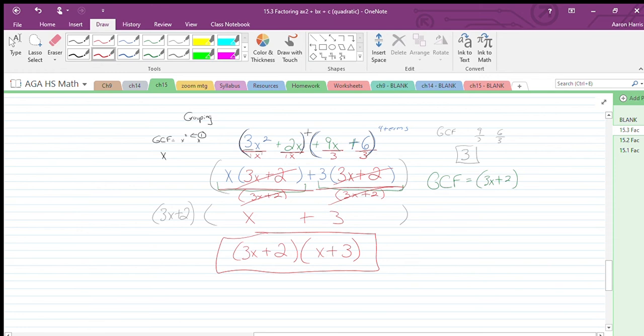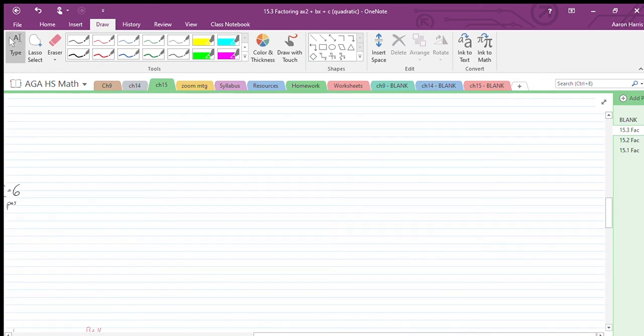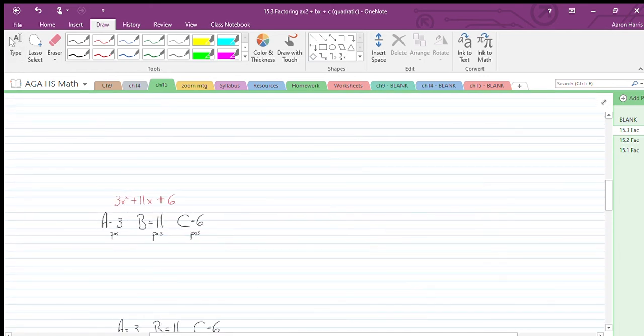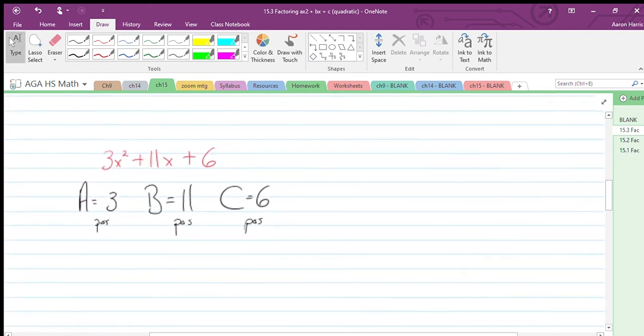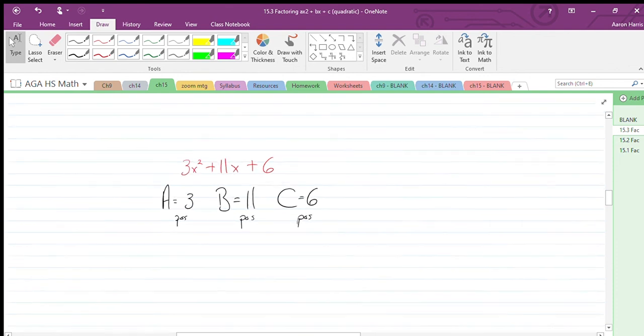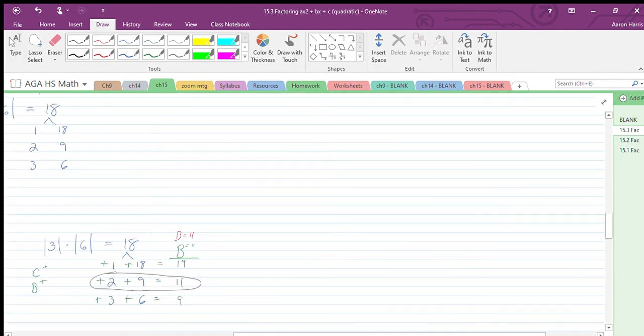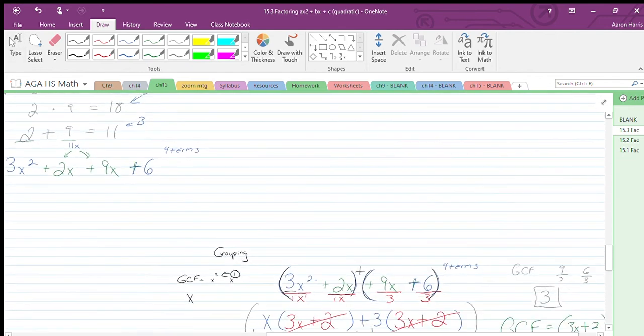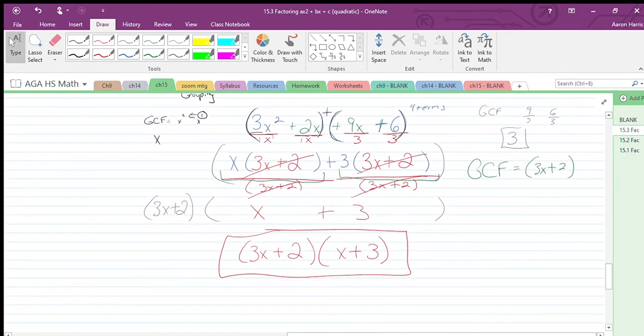Now, my final answer is from the problem what? 3x squared plus 11x plus 6. That's where we started. We factored it all the way out, and we found that by factoring it all the way out, we have 3x plus 2, x plus 3.